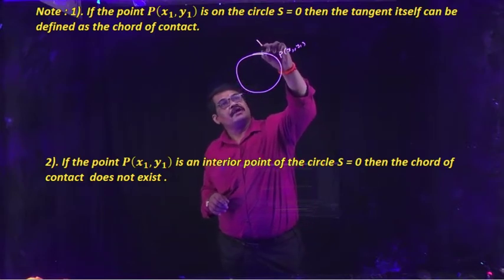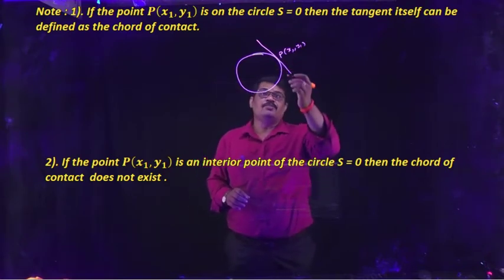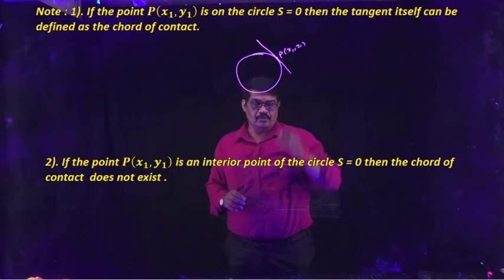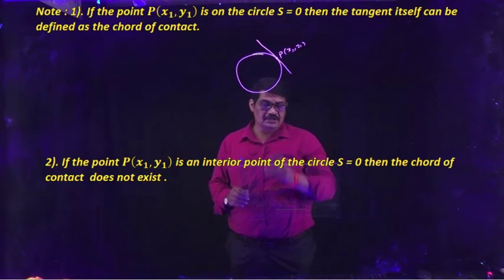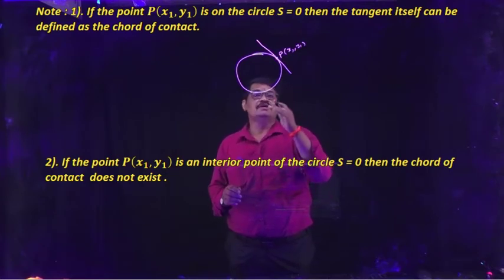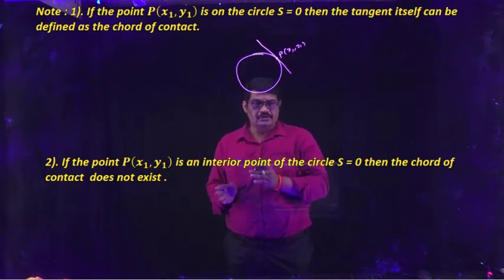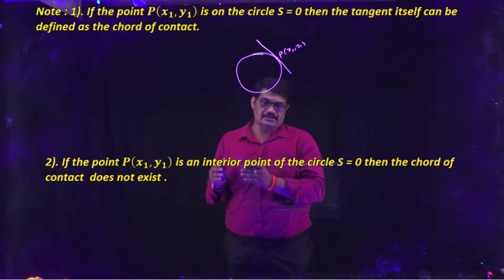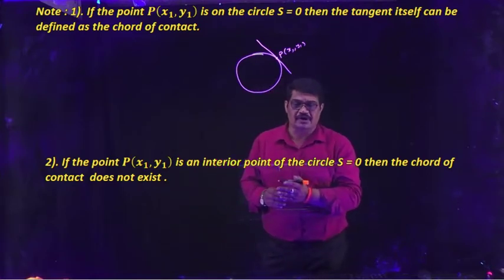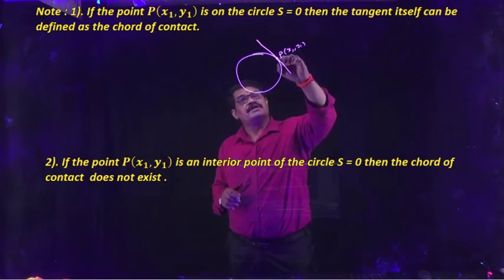This tangent meets at the point P, only one point, touching the circle at the point P. The tangent at the point meets the circle at only one point. What is the chord of contact? The tangents meet at two points, and the line joining those two points is the chord of contact. But here the point x1, y1 is the point of tangency.